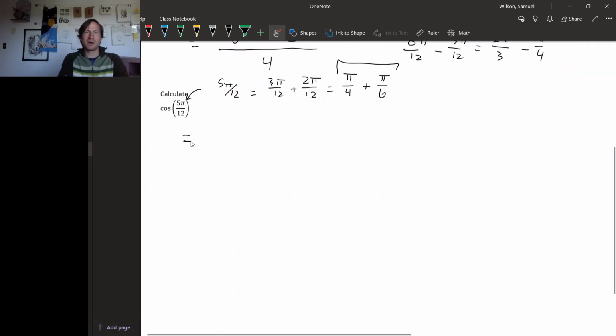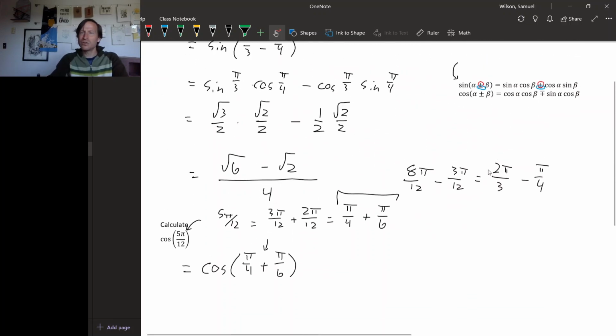So cosine 5 pi over 12 is cosine of pi over 4 plus pi over 6. And now we need the addition formula for cosine. If you look at cosines, it's a little bit weird. It seems backwards because the sum formula for cosine has a minus sign, and the difference formula for cosine goes with the plus sign on the other side.